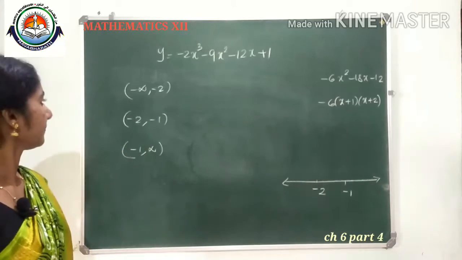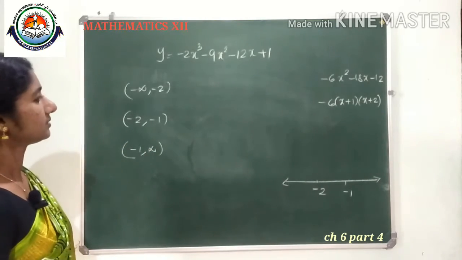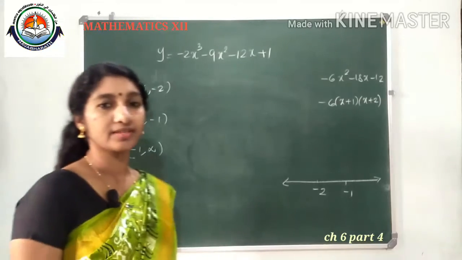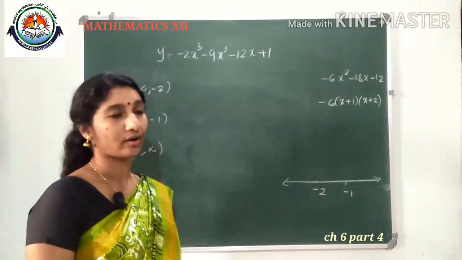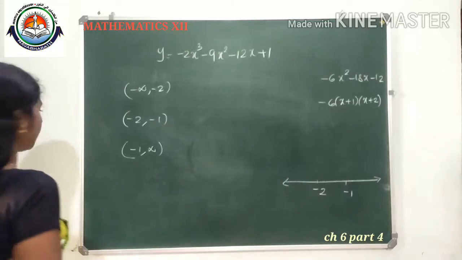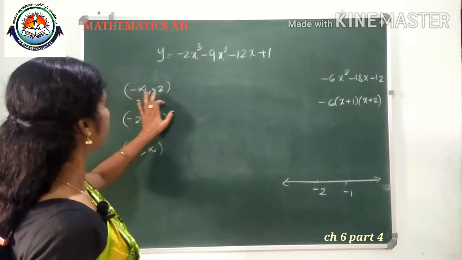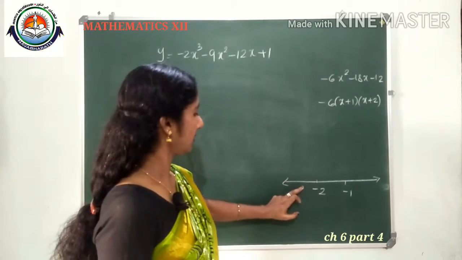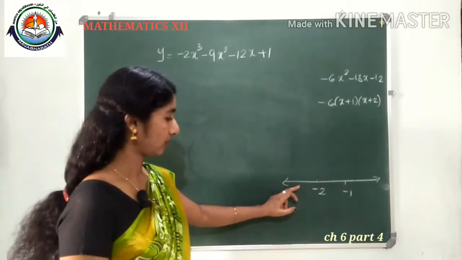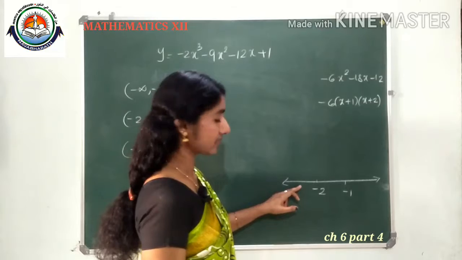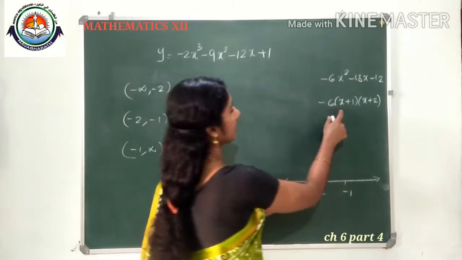3 intervals. Then we need to check in these 3 intervals how the function is increasing or decreasing. For that, take any value from the interval minus infinity to minus 2. We can take minus 3 or minus 4. I took minus 3. Substitute minus 3 here.